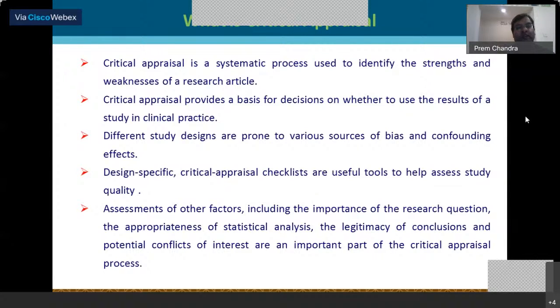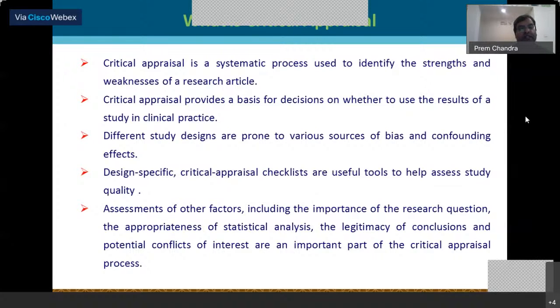Different designs are prone to various sources of bias and confounding effects. Therefore, we must use a critical appraisal checklist specific to the design to assess the study quality. There are different checklists for different types of study. For the observational studies, we have case control, cohort, and cross-sectional studies.